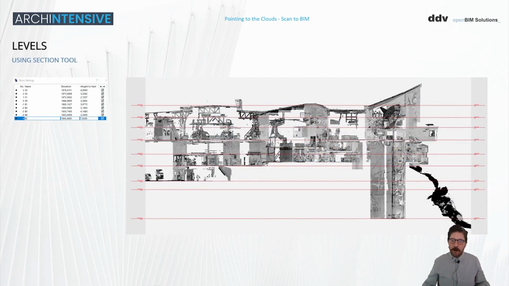Then another important initial part is to establish the different levels. How are we doing that? We are using the section tool, and we define the different levels. Of course, in the real world, there is no 100% flat floor, but we need to analyze, first of all, the full building.